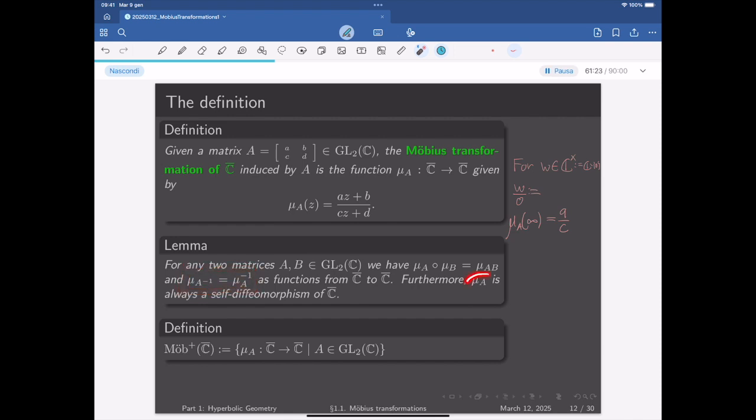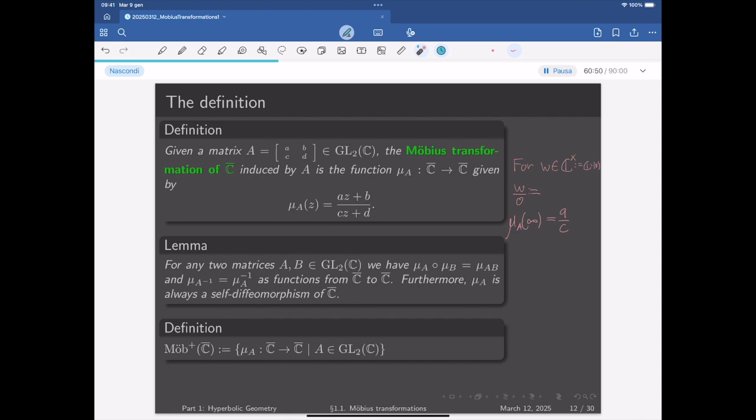And this is always a self-diffeomorphism of C bar. And actually, not only a self-diffeomorphism, it is a conformal self-diffeomorphism, because it is a holomorphic function from C bar to C bar with non-zero complex derivative.